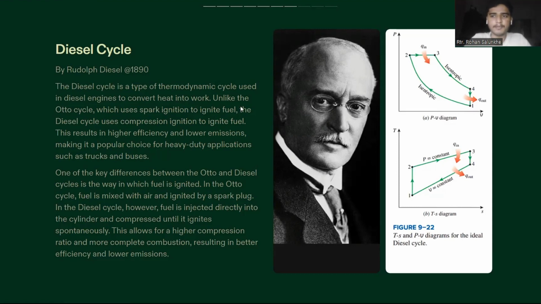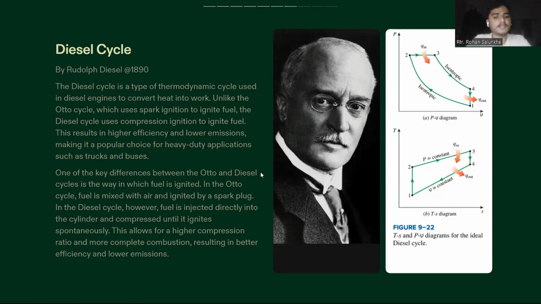The air is compressed much more than the air compressed in the Otto cycle, and directly into the compressed air, the fuel is injected, and the high pressure leads to self-ignition of that fuel, and thus it expands and we get the proper work output.